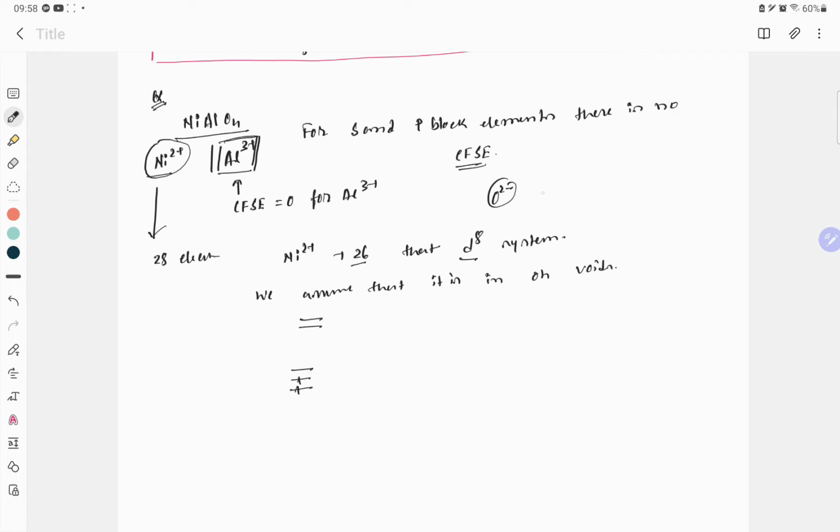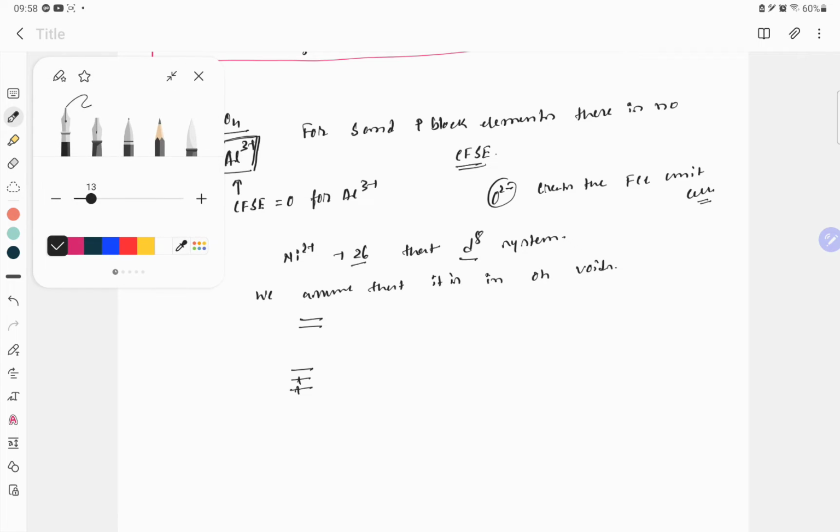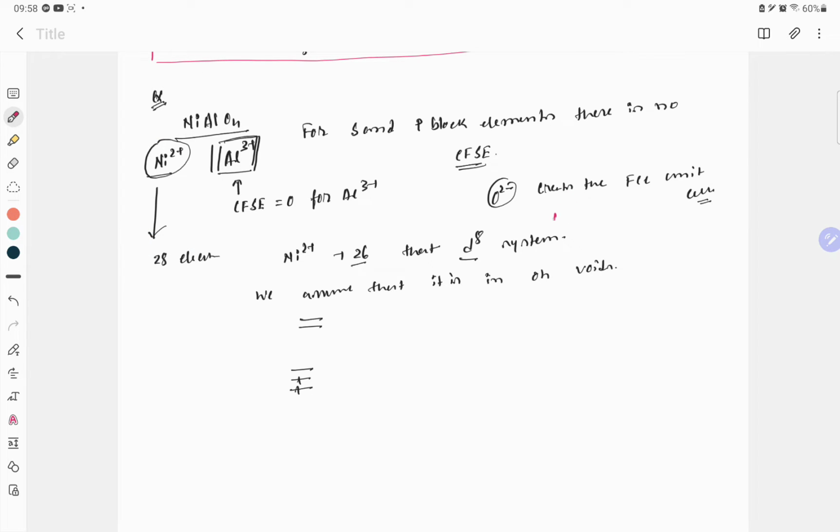It actually creates the FCC structure or unit cell in the lattice, and it behaves like a weak field ligand.